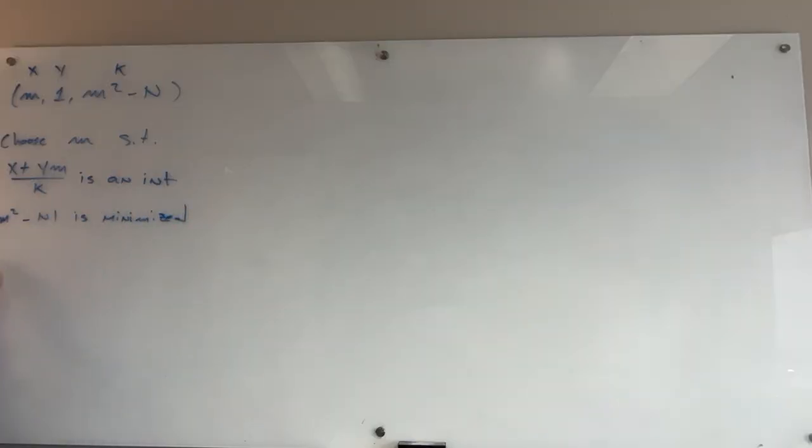Then our new x is going to be (xm plus yn) divided by the absolute value of k. Our new y is going to be (x plus ym) divided by the absolute value of k, and our new k is going to be (m squared minus n) divided by k.